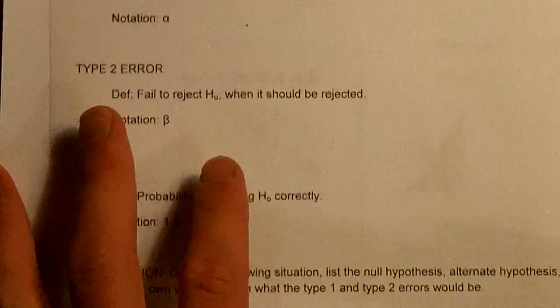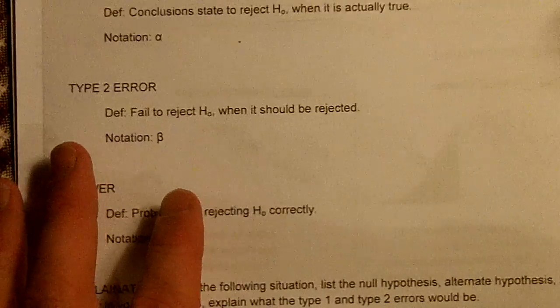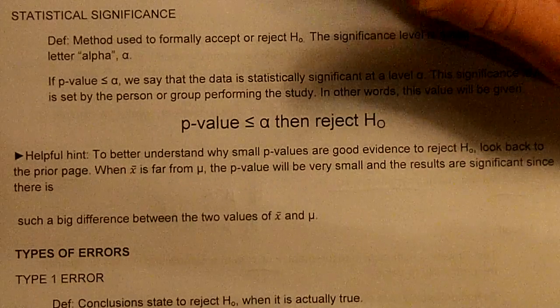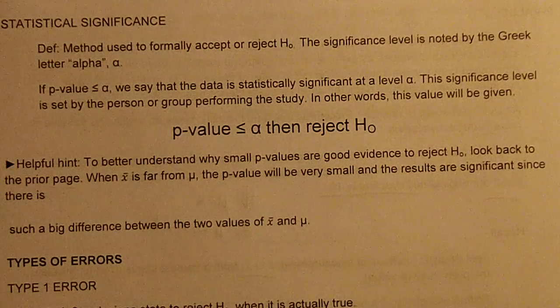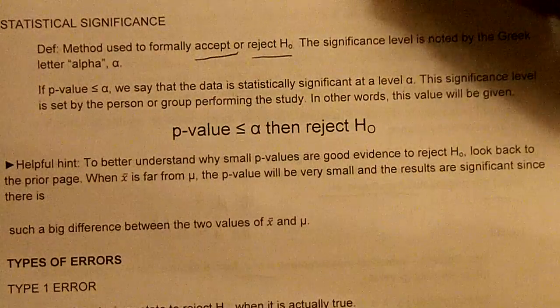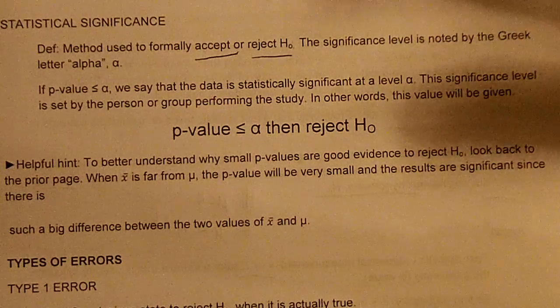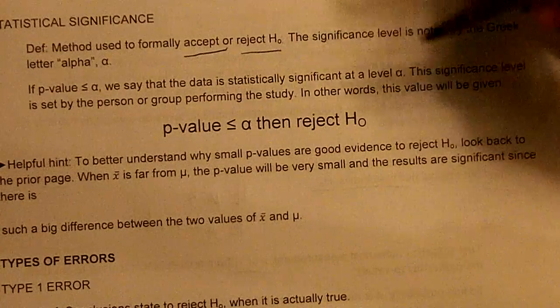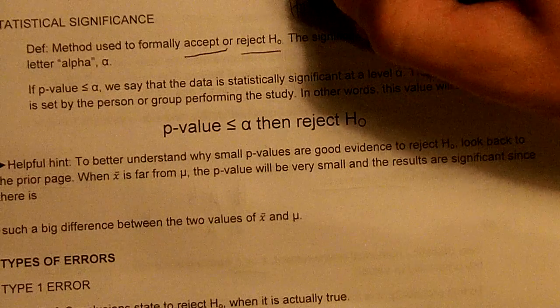Okay, so going back to this, again, this is a very, very important topic, right? Statistical significance. And this is how you would either accept or reject the null hypothesis, which is basically everything in the remaining parts of this course. So when you have your null and alternate hypothesis listed, right?